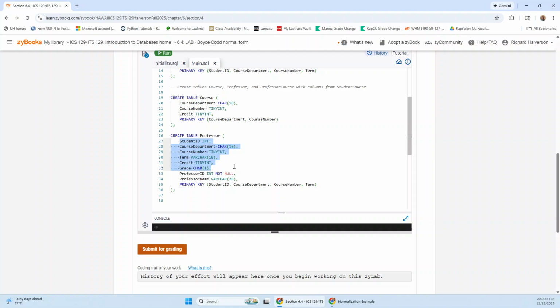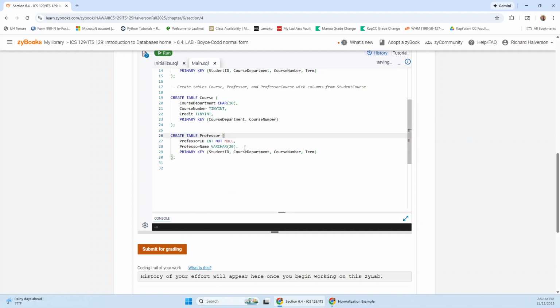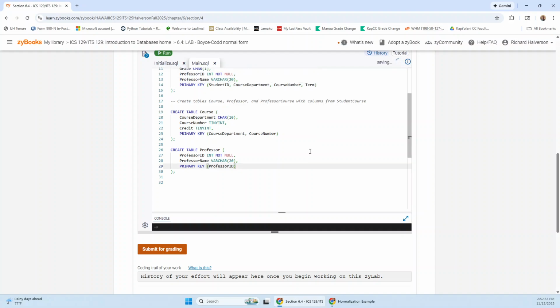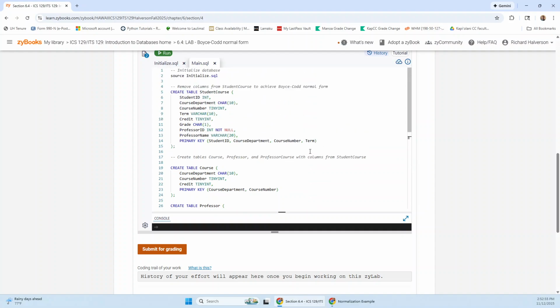Let's take all this out, and that's it. And let's make the professor ID be the primary key. Okay, so that's the second one.